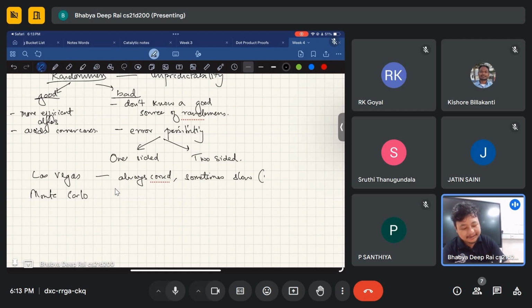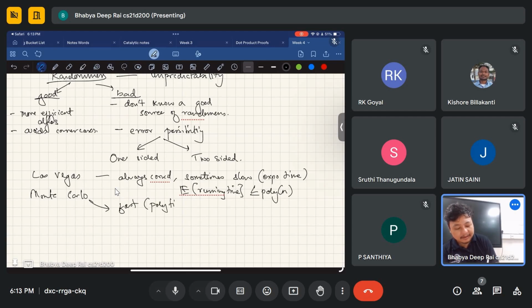But why do we care about algorithms if they take such a long time? Well, on average, the expected running time is polynomial. And Monte Carlo is fast, that is polytime, but has errors.